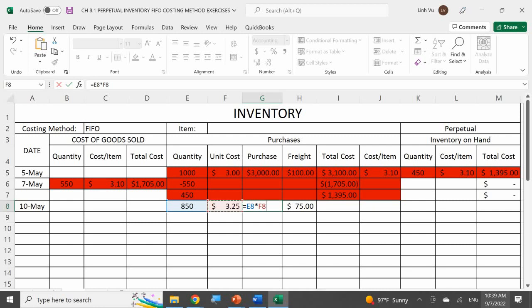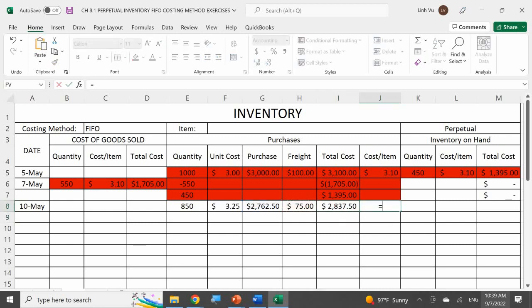2,762.50. Good. Plus 75 will give me a total cost of $2,837.50. Good.